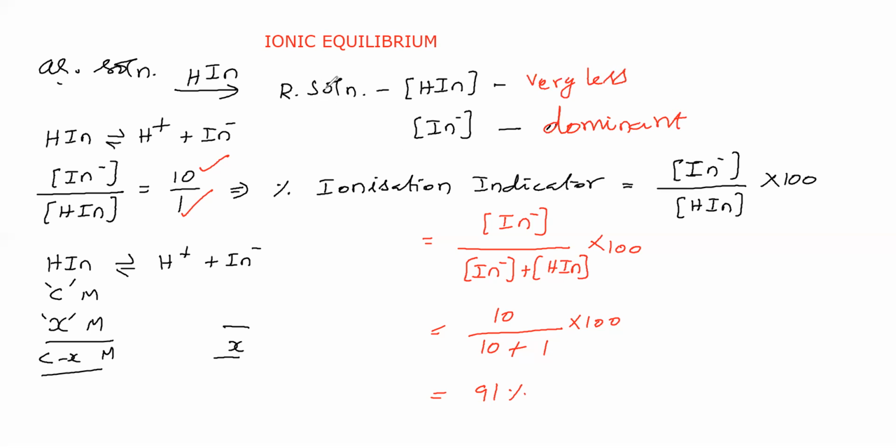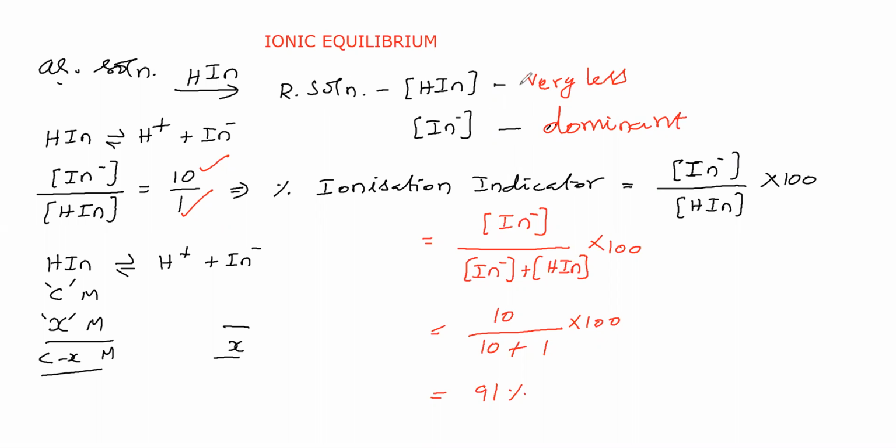In the resultant solution, how did you get this resultant solution? You have added a few drops of indicator into this aqueous solution. This aqueous solution has a pH such that the ratio is 10:1. At that time, in the resultant solution, the concentration of IN minus is dominant, whereas the unionized form of the indicator concentration is very less.